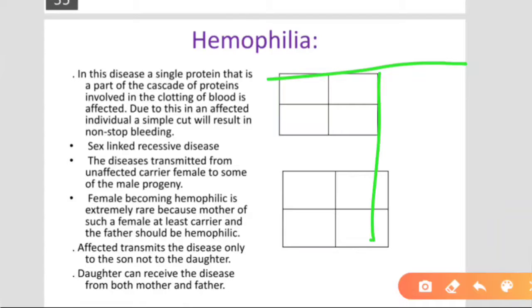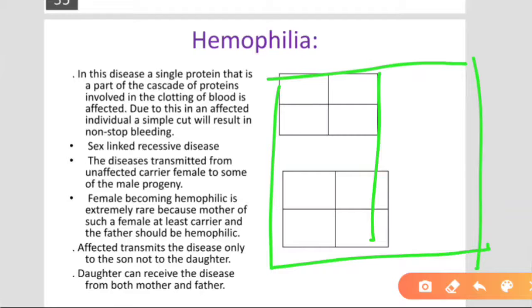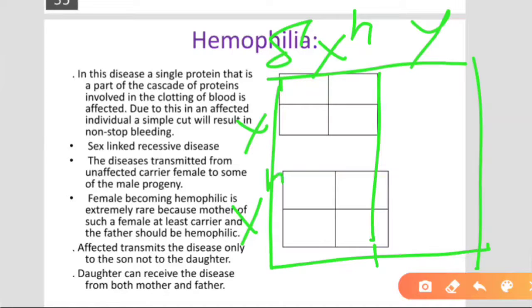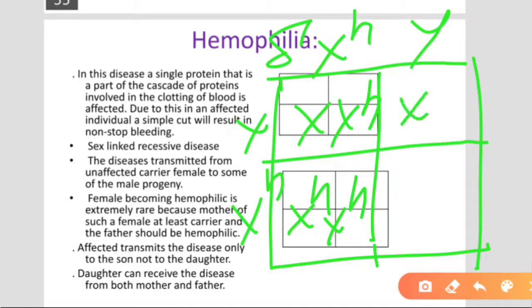Once more, another situation. Here you can see the father is affected, X^H Y, and the mother is a carrier, X X^H, right? So X^H, here X^H, X^H, XY, XY.